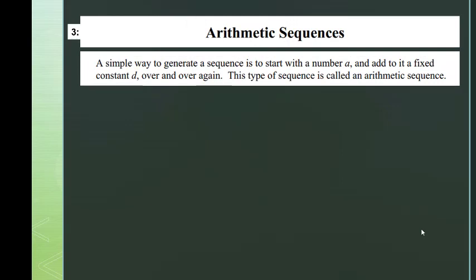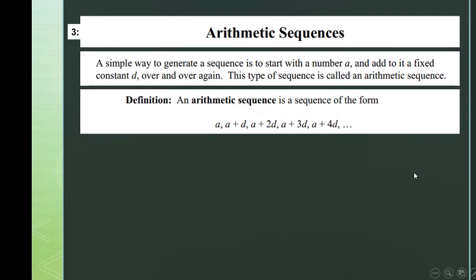It's a simple way to generate a sequence, the easy, first way to make a sequence, by starting with a number a, for example, and adding to it a fixed constant which we call d, over and over again. We add this constant a lot of times to the first one, which is a. This type of sequence is called the arithmetic sequence.